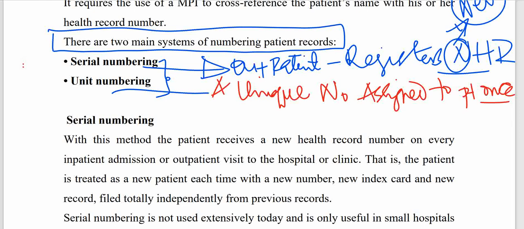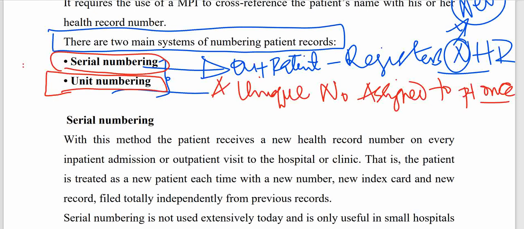Are we together? The difference between serial and unit is that with serial, a new number is given every time a patient comes to the facility, regardless whether the patient has been there before or not. But with unit numbering system, we cannot give you a new number if we have not confirmed whether you have it already or not.